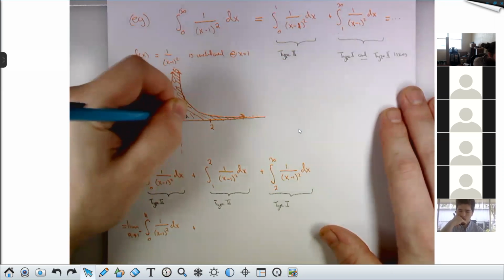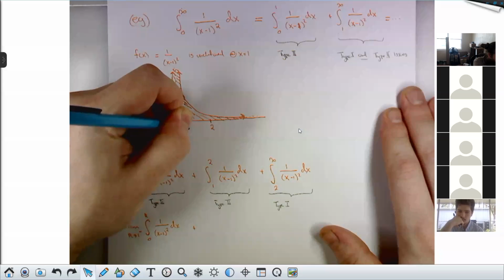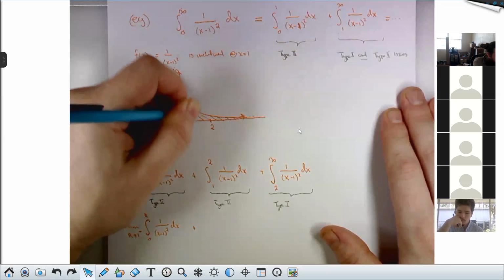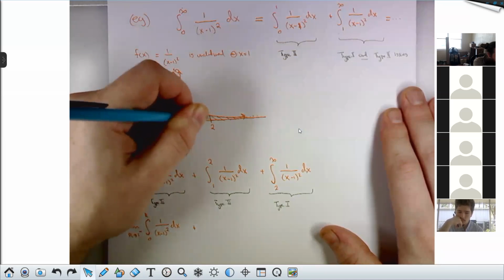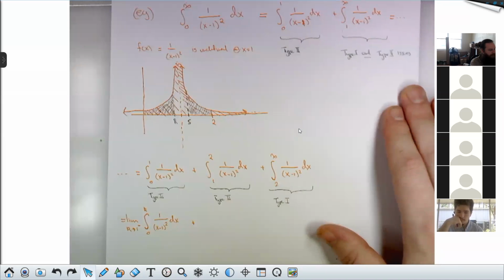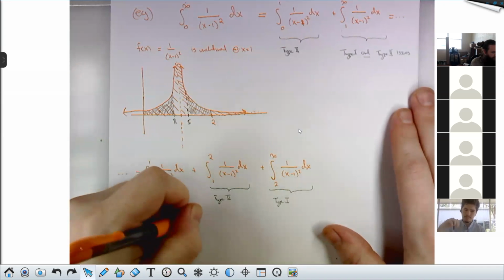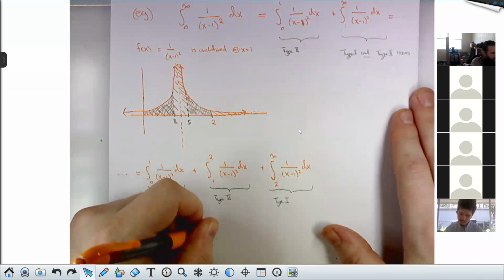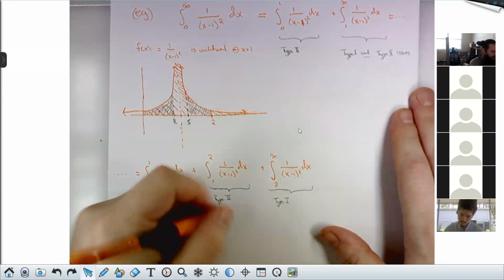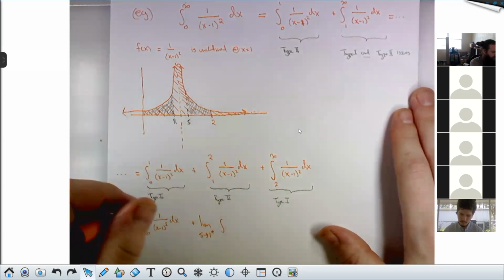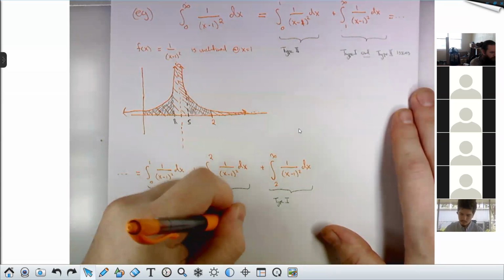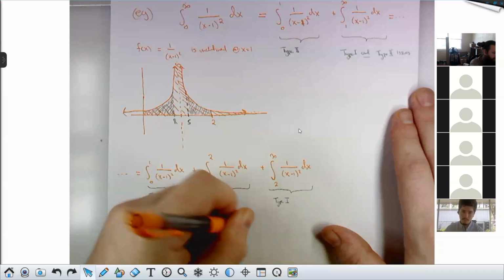We'll call this S. Remember, we have to use different variables for these. And then I'll calculate the integral from S to 2. That's the second guy. So this is the limit as S goes to 1 from the right, integral S to 2 of 1 over (x minus 1) squared dx.